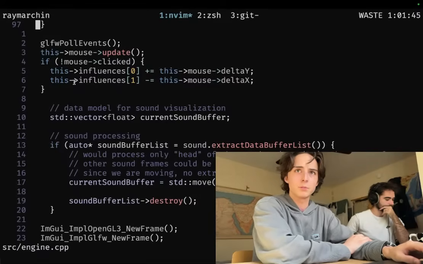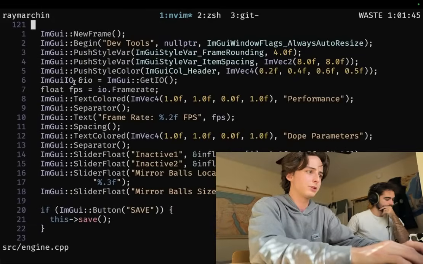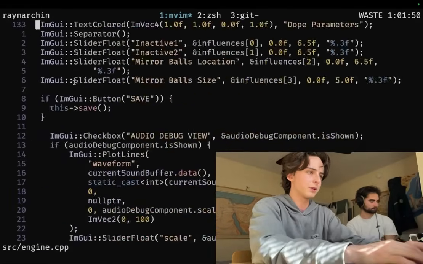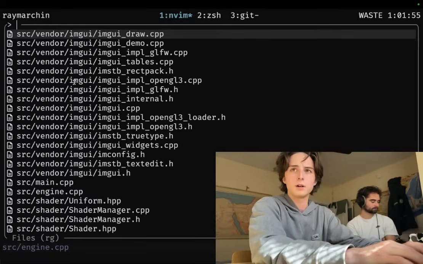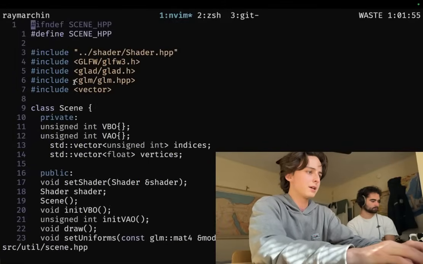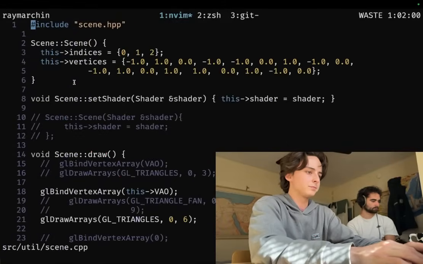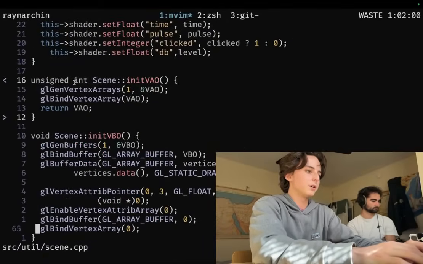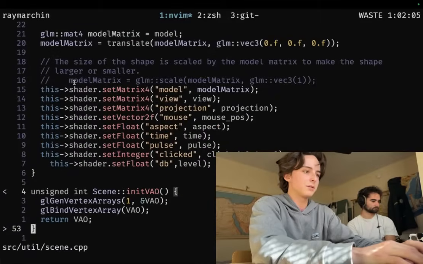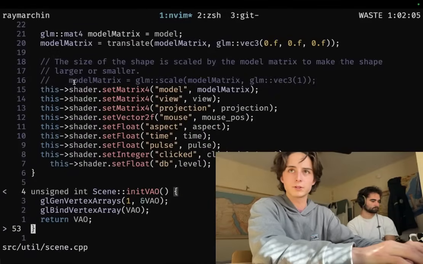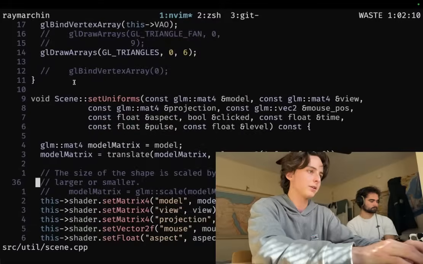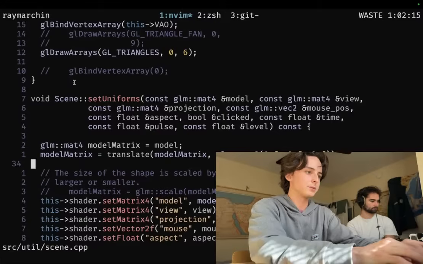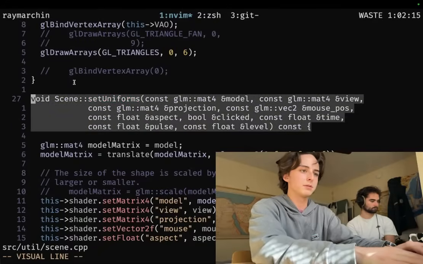It's pretty complicated to get basic things rendering in OpenGL. If you haven't seen before, this is ImGui stuff, but we have a scene object, and in order to just get something rendering, you pretty much have to set up a VAO and VBO. You have to manually handle all the buffer configurations of how things are going to be passed around, and then you have 2 shaders, and you pass a bunch of uniforms to the shaders, which could be anything we're passing in.